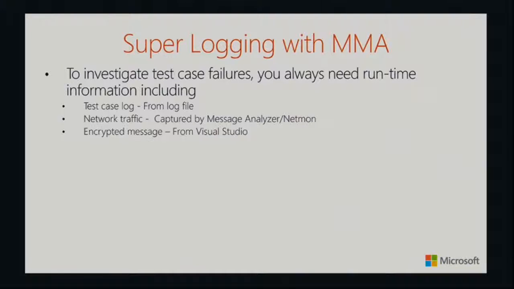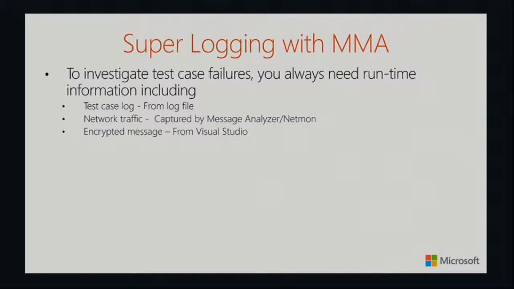This one is the super logging with MMA. I covered this on Monday. Originally, when we wanted to investigate test case failures, we needed to look at different test logs using different tools, like the test case log, the network traffic, and the encrypted messages.